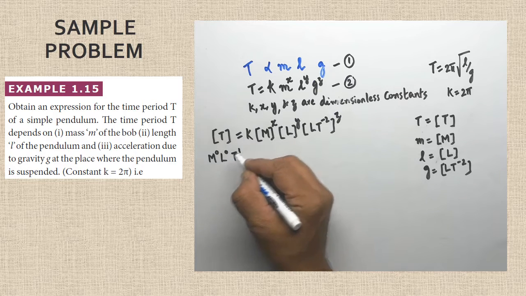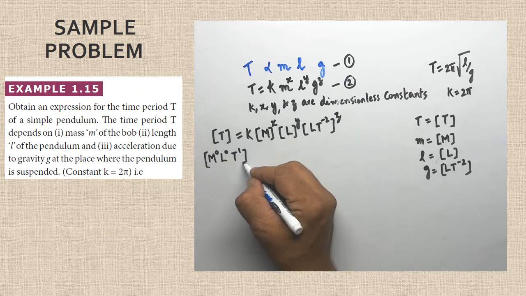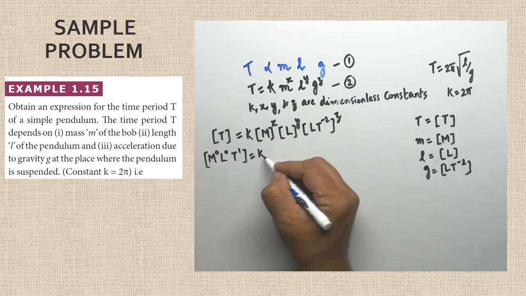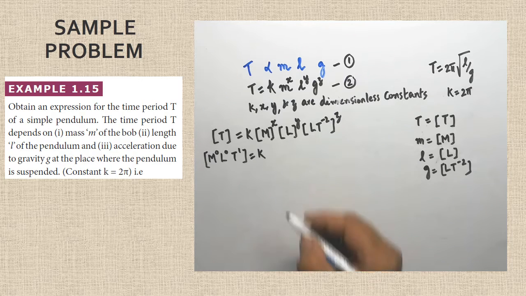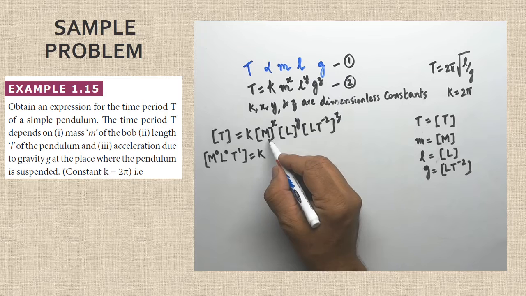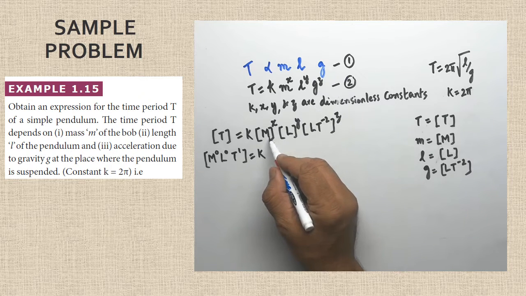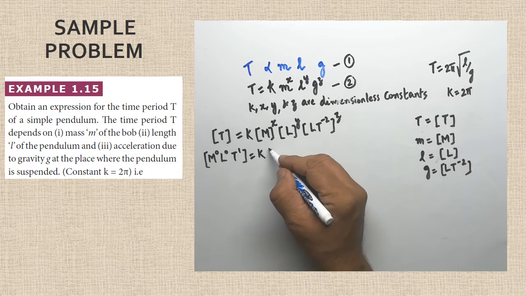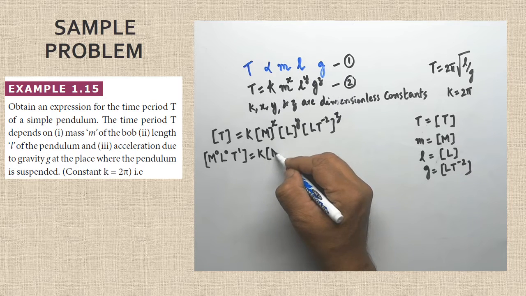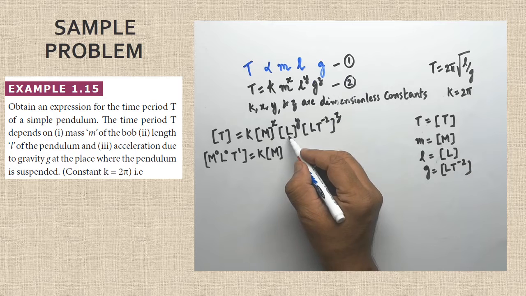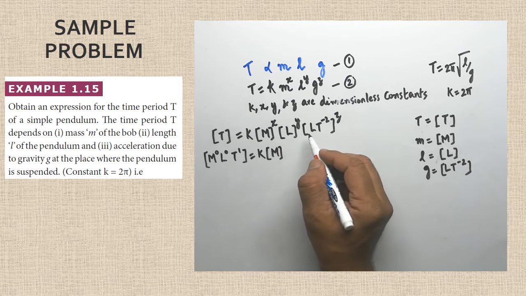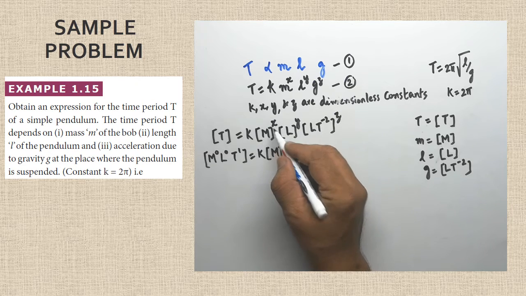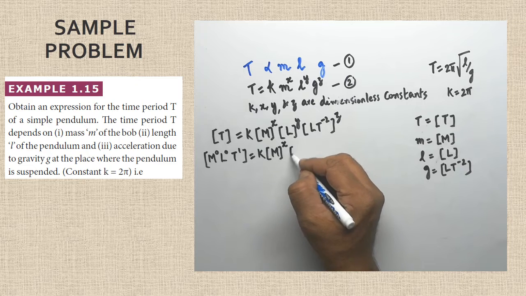Therefore, you write it as 1, and everything must be written within the square bracket. Substitute k. Now, you have to choose the M alone. Are you clear? You have to choose the M factor. For that, you have to find out what is the power. Here, you take M. In the other two factors, M is not there. So what will be the power of M here? x. So simply write x.